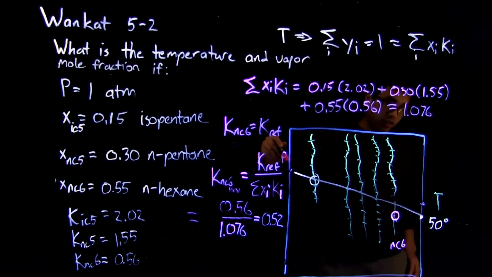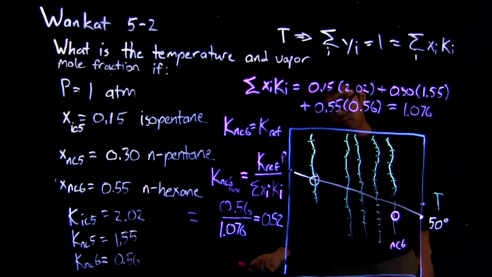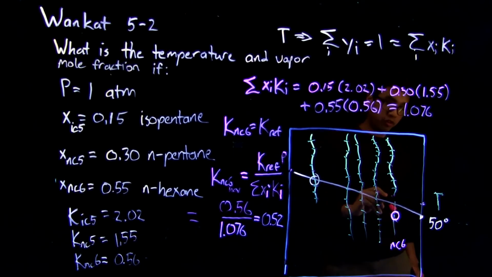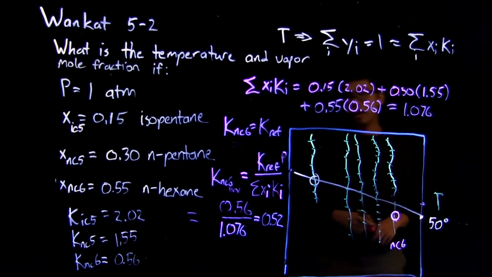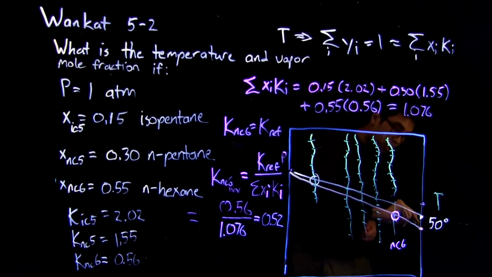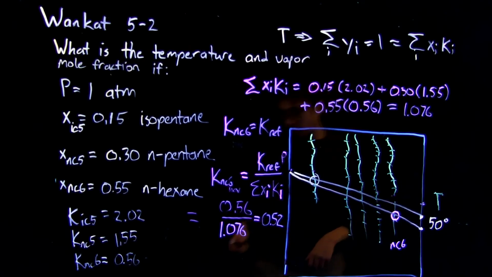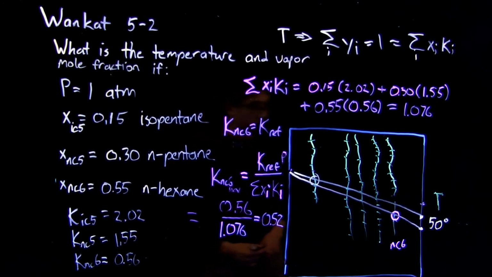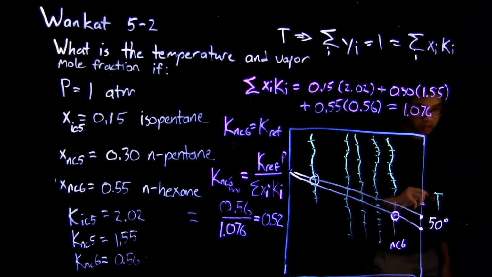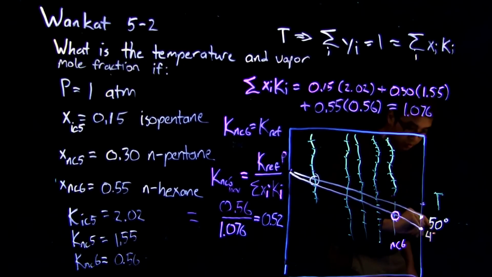We'll retrace our line so that the line goes through P once again, because P does not change, and it goes through this point here and intersects with the T axis at a different location. Wherever this intersects with T is your new temperature. If you do it correctly, it should give you a value of approximately 47.5 degrees Celsius.